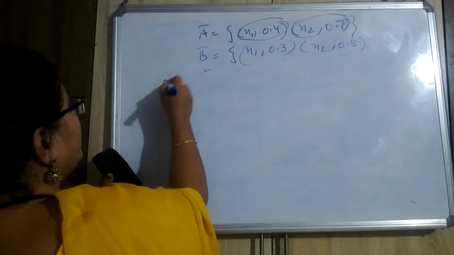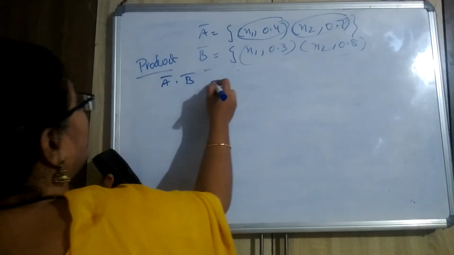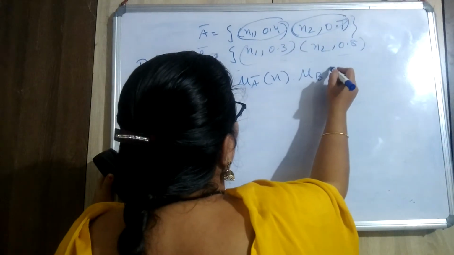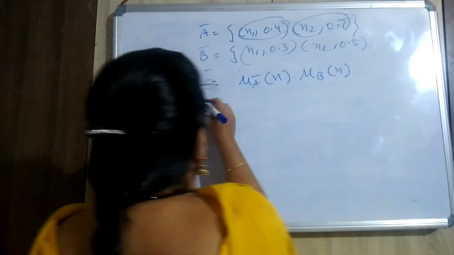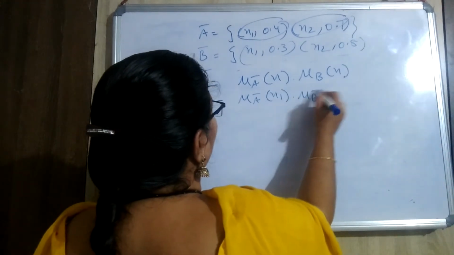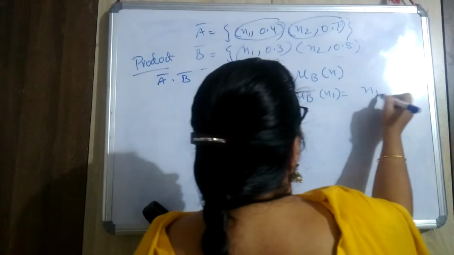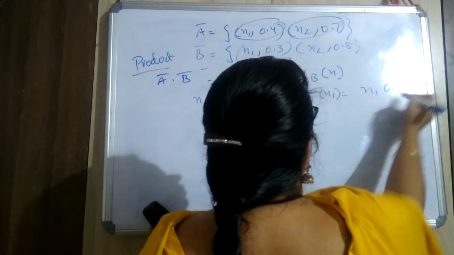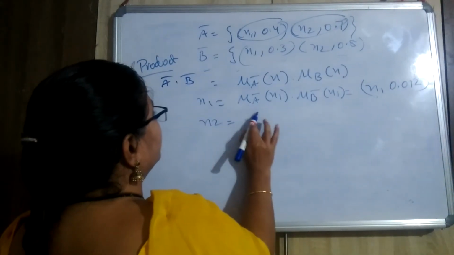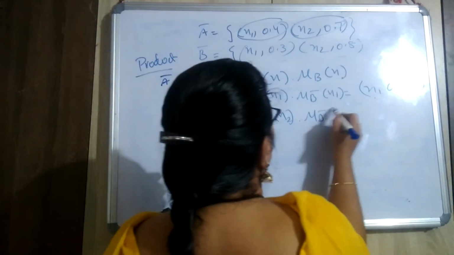Okay. So already we have seen the product. What is the meaning of the product? A bar dot b bar. This is called the product operation. Okay. So this one already we have seen: mu a bar of x into mu b bar of x. So at x1 it is equal to mu a bar of x1 into mu b bar of x1. That is equal to 0.4 into 0.3, that is equal to x1 comma 0.12. And similarly x2, that is equal to mu a bar of x2 into mu b bar of x2.